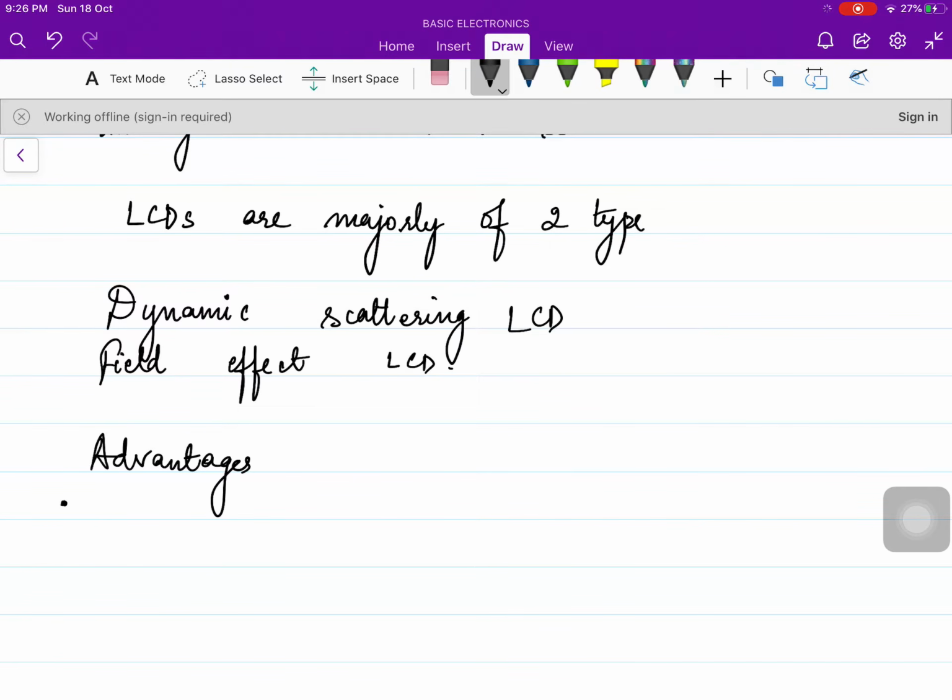So if we quote the advantages of LCD, the first one is requires less power. Second, that it is cost effective.